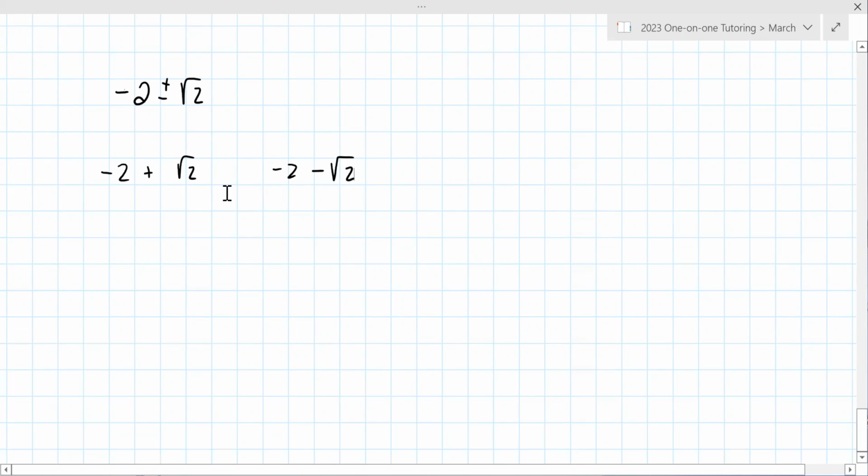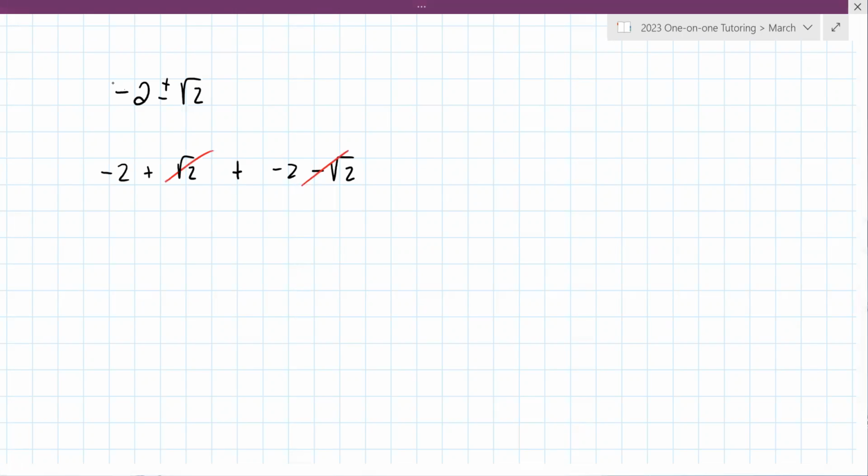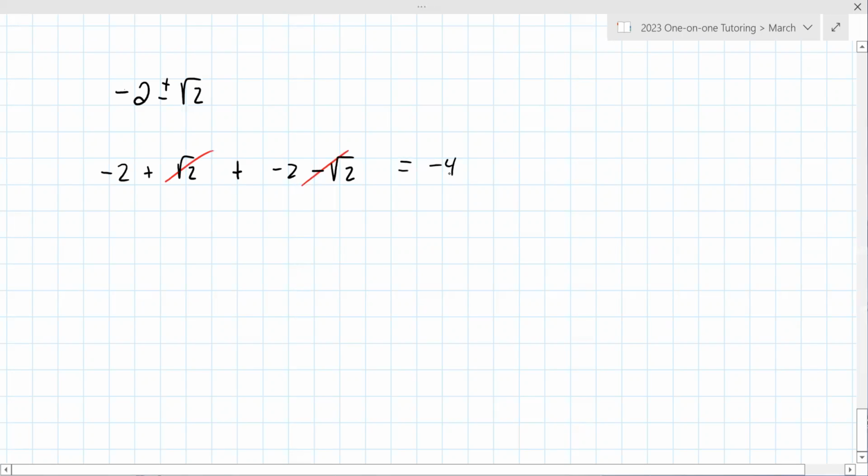We're going to actually add these together, and we'll talk about why in a moment. When these add together, can you tell me what cancels? The square root of 2. Yeah, they go bye-bye here. And so your answer is actually just minus 4.